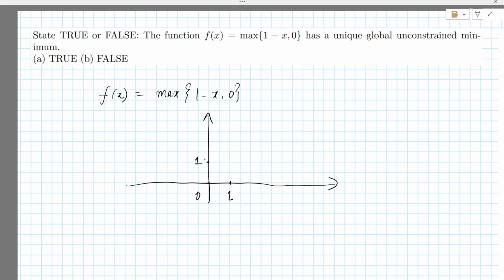For x greater than 1 it is 0. Okay. So it's something like this. This is your function.